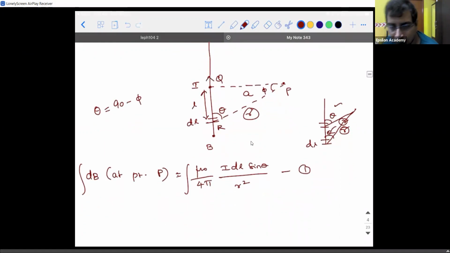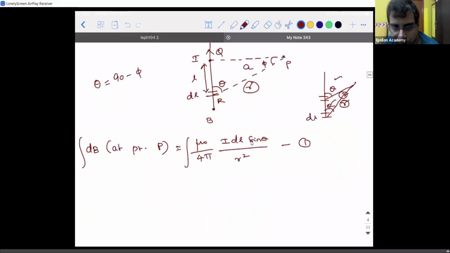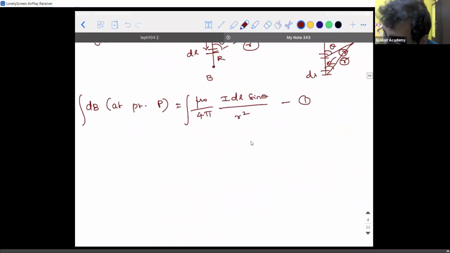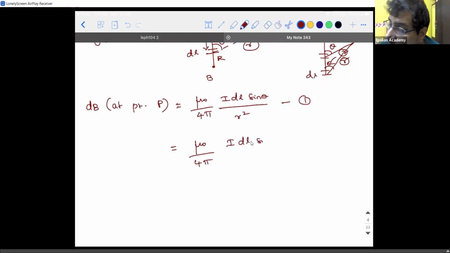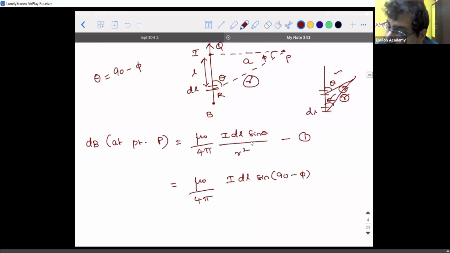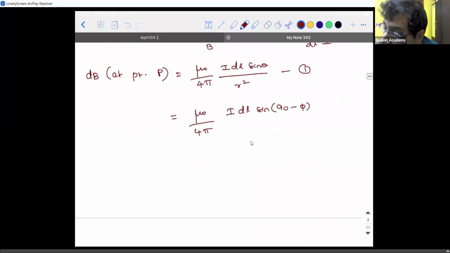Now what I will do is, I will rewrite this equation like this. So this integral is not there because we are not yet ready to integrate. So mu naught divided by 4 pi into I dl into sine of theta, which is nothing but 90 minus phi, the whole divided by r square.